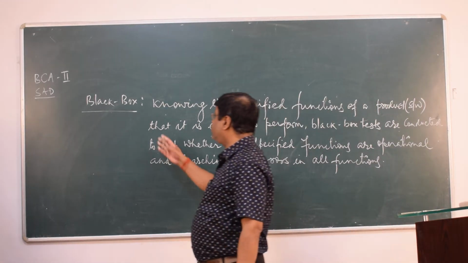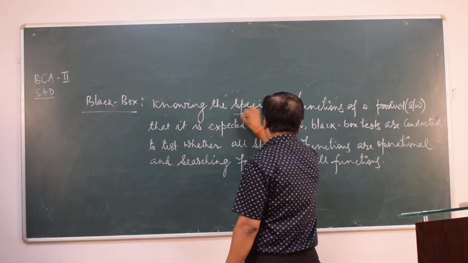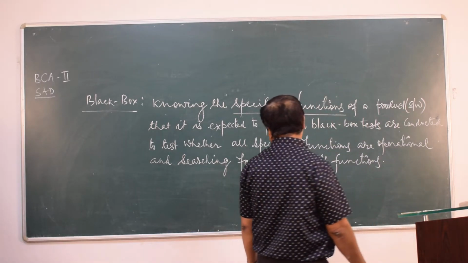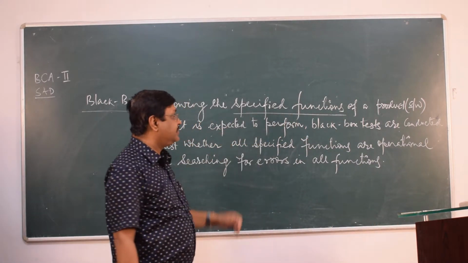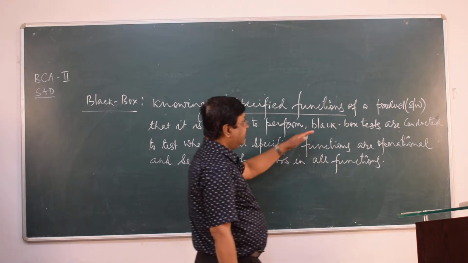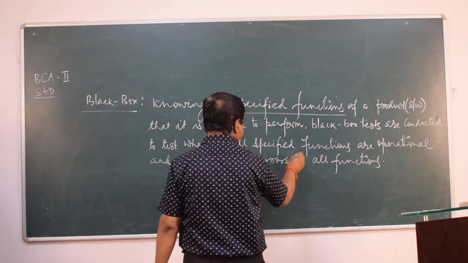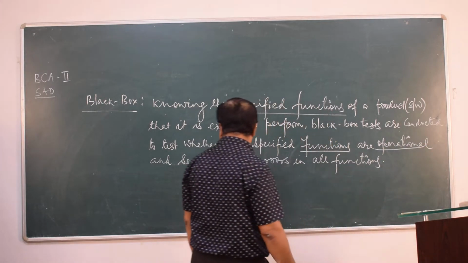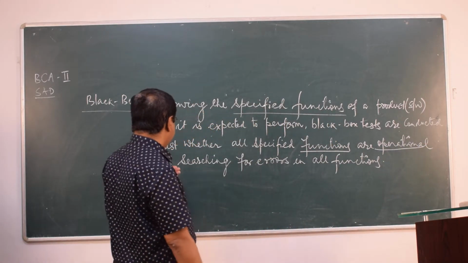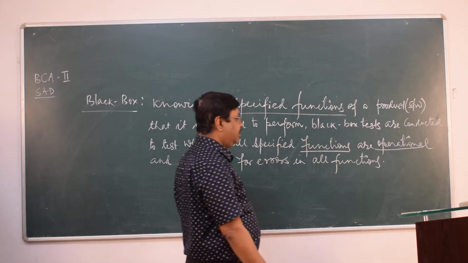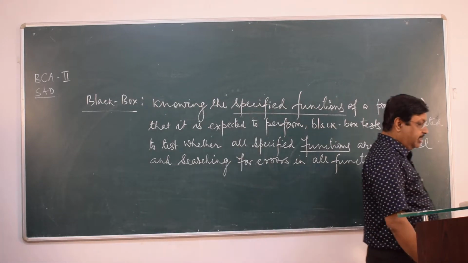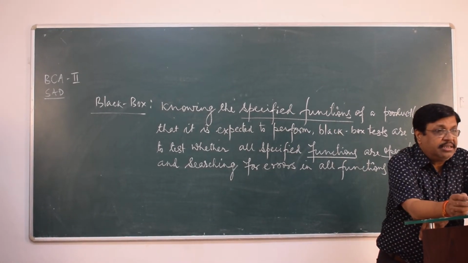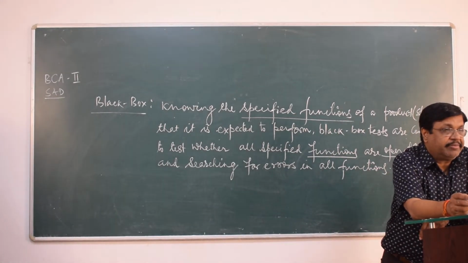This is the black box testing. Means we know what are the specified functions of the software that is desired to perform. Then we conduct black box tests to check whether all functions are operational. At the same time, searching for errors in all functions means whether all functions are operational and bears no error.